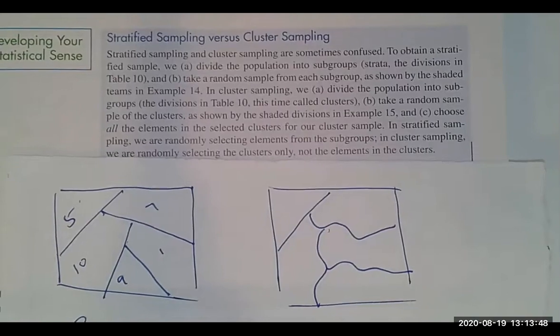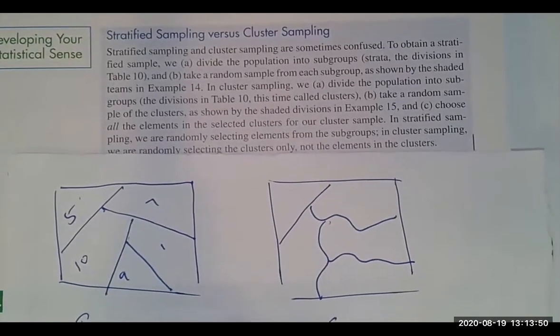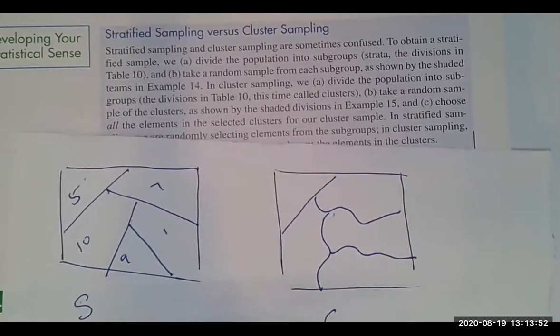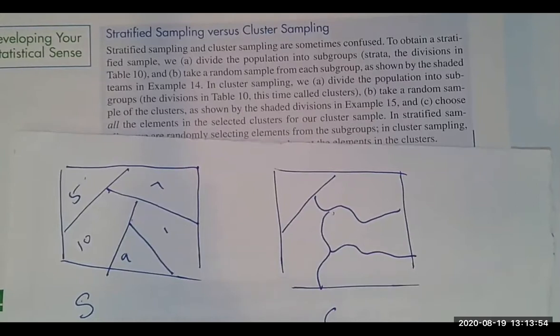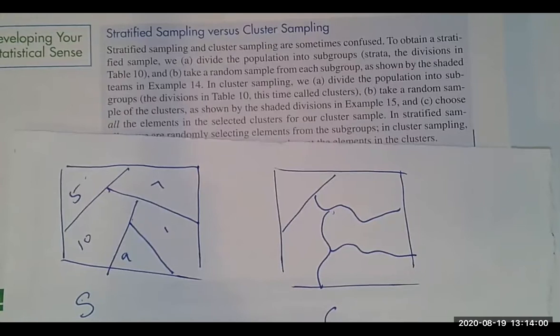So you have to select how many clusters you want to look at. Well, you don't want to select all the clusters because that's like the whole population. You don't have time, energy, and money. So let's say we do two clusters. Well, which two? I don't know. Let's roll the dice.